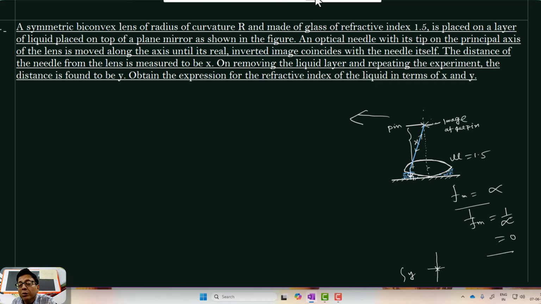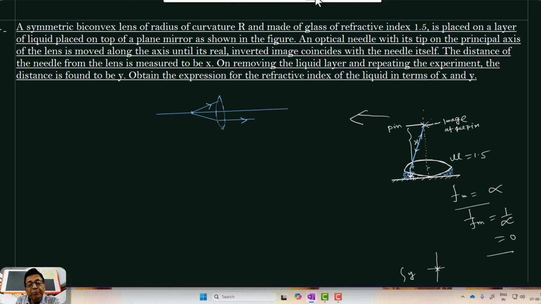But you know, when the object is placed at the focus of a convex lens, then only the rays become parallel. No other position is possible.